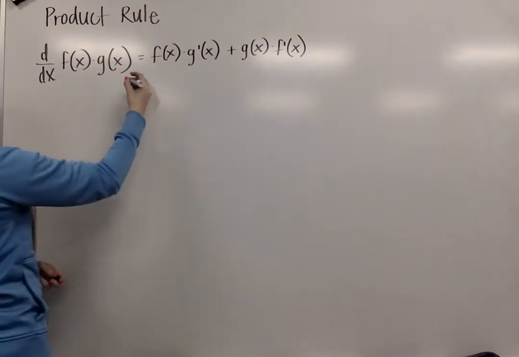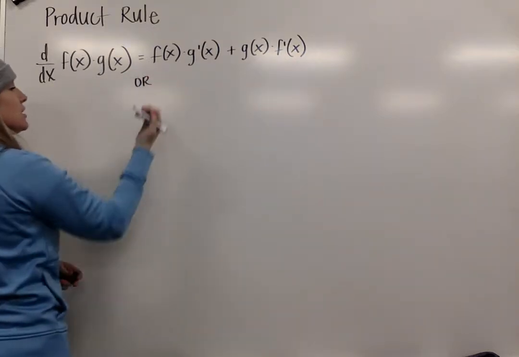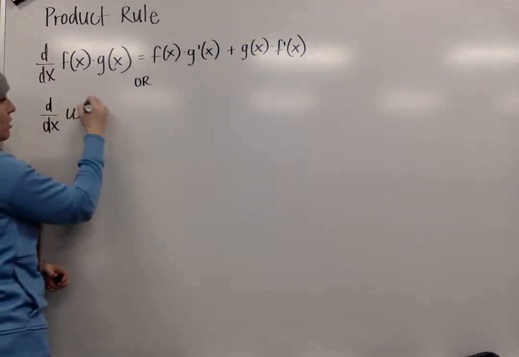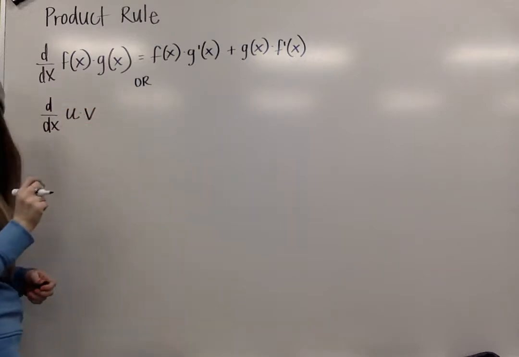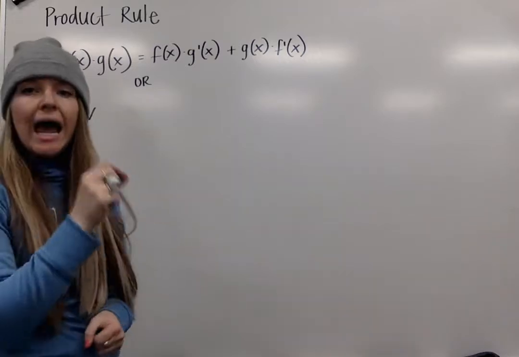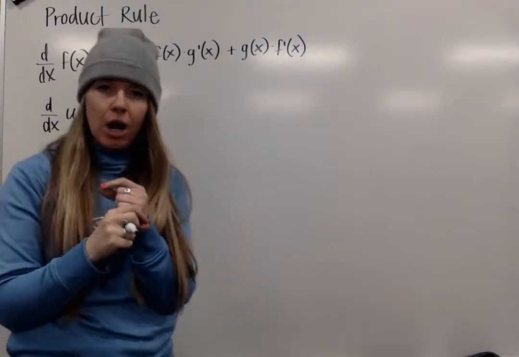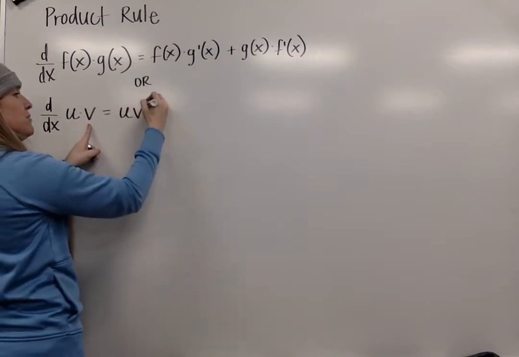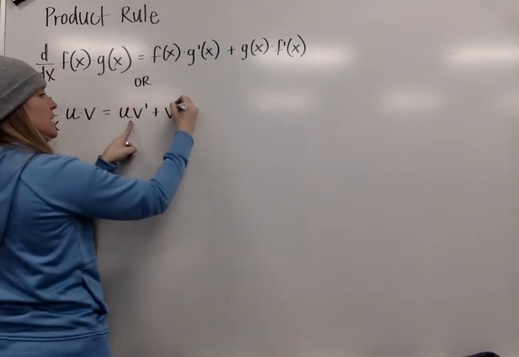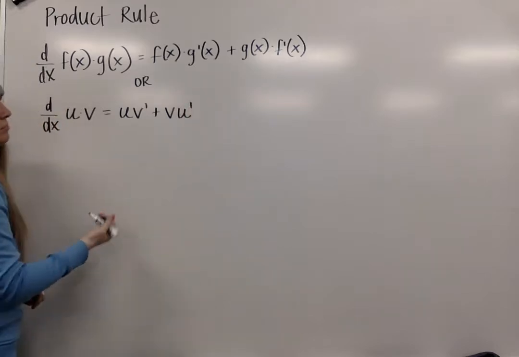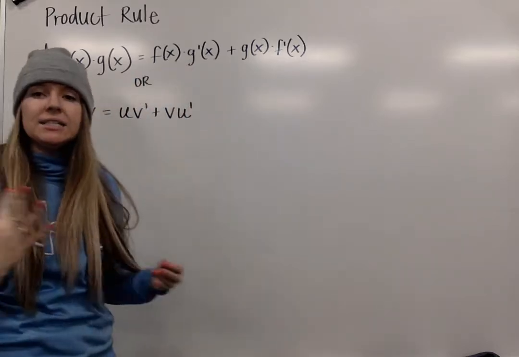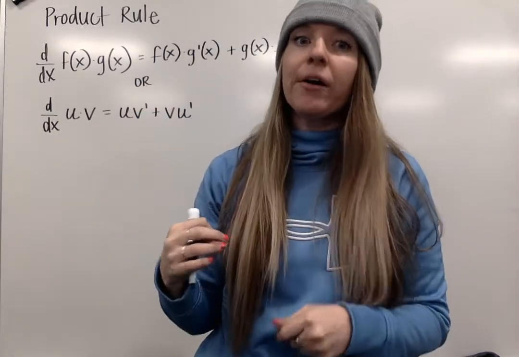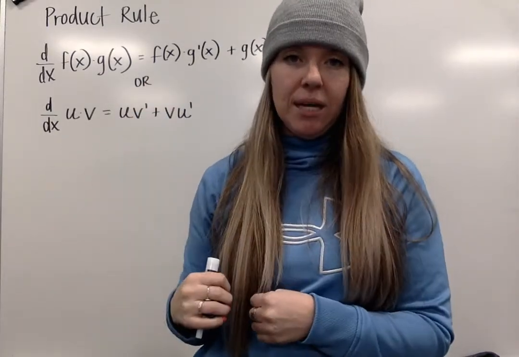Another way you can see this, it's the same idea, just a little different notation. If our functions are called u times v, multiplication means product, so we do the same idea: u times v prime plus v times u prime. A little shorthand, different notation coming from a different calculus discoverer, but it means the same thing.